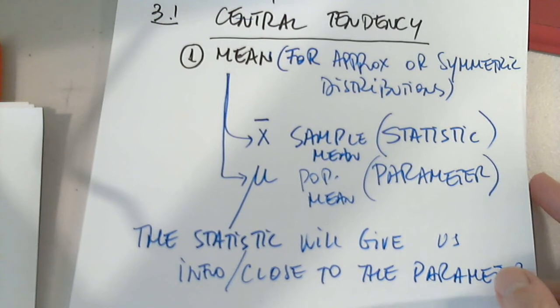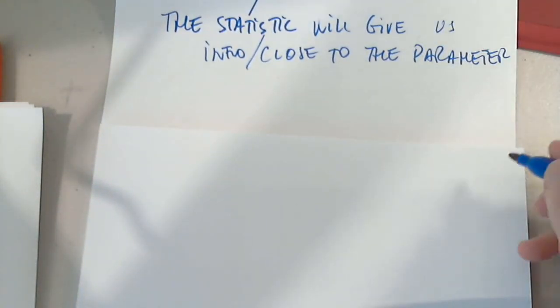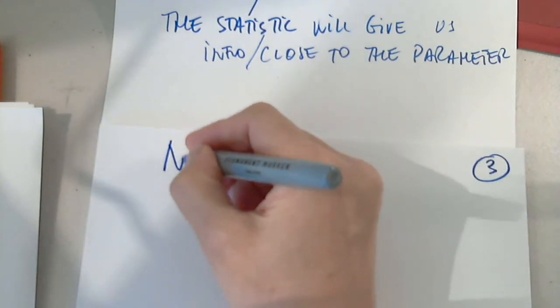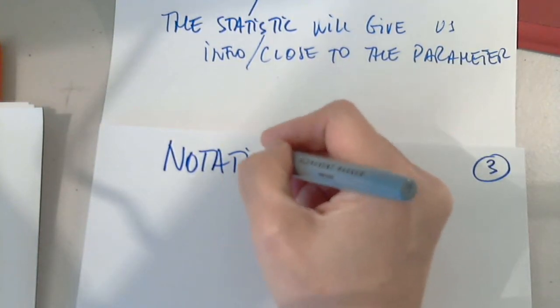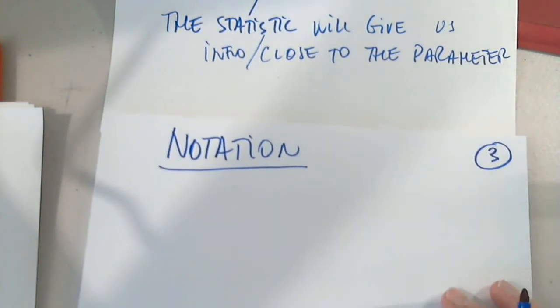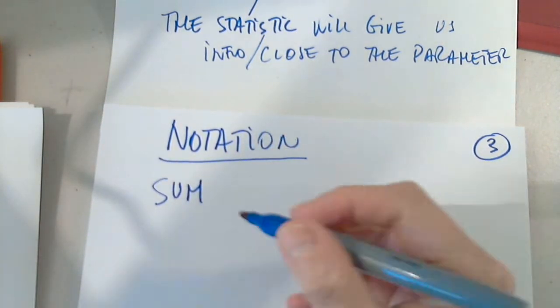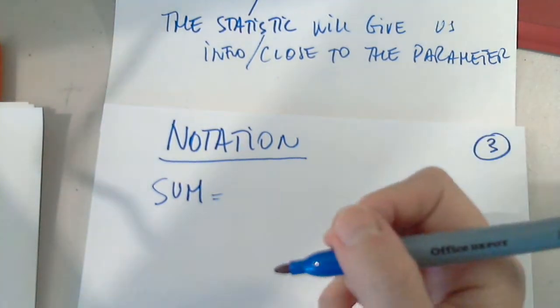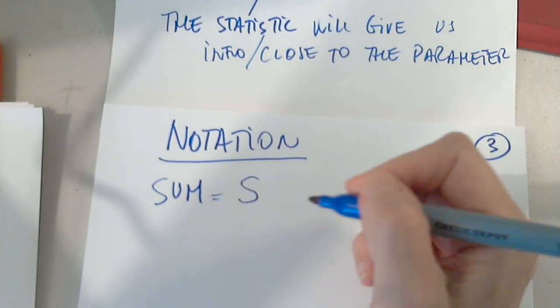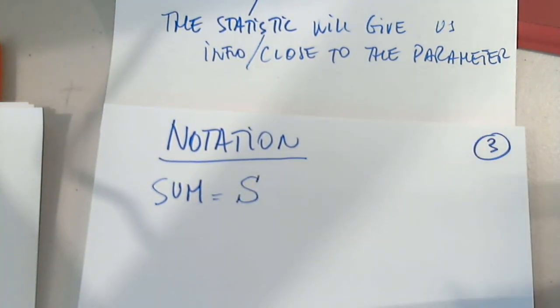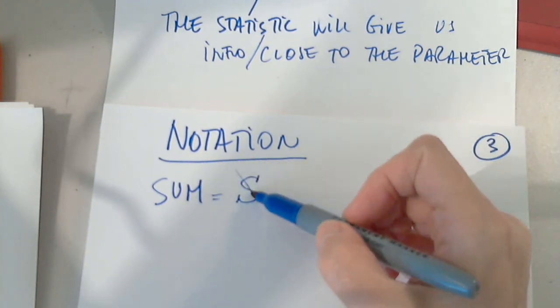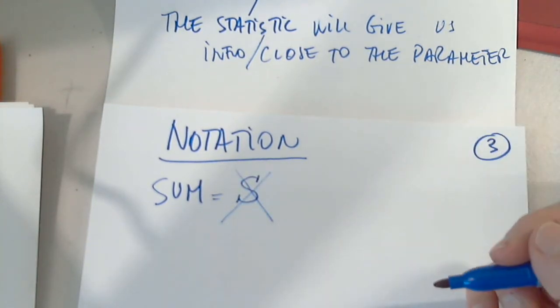Now, before we move on, I want to present a very important notation. When we talk about a sum, we like to represent a sum by the letter S. However, we will not be using the letter S to present the sum.